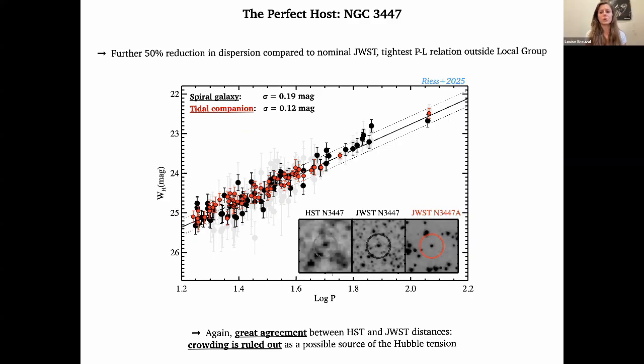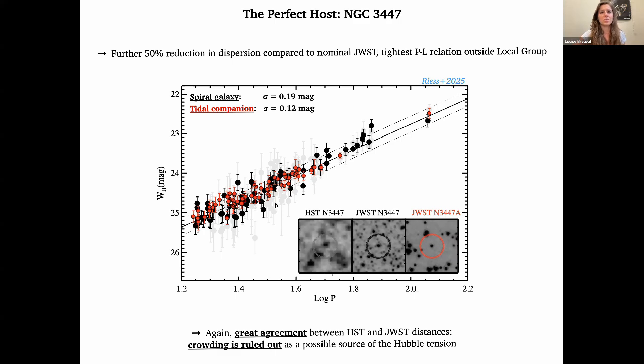Yeah, we have a smaller scatter now because of the resolution of JWST, and before there was more crowding, even though it was corrected with artificial stars. Obviously it's much better to forget about the artificial stars and have actual measurements with good resolution.